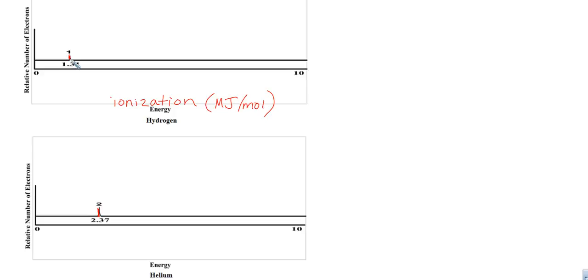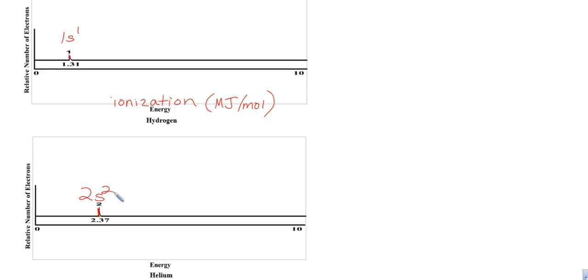Now, here's what's kind of interesting. There is only one electron in hydrogen. This is the 1s electron. So the electron configuration like 1s1. In helium, this would be 1s2. The 2 electrons both require the same amount of energy to remove. And now make a couple comparisons here.